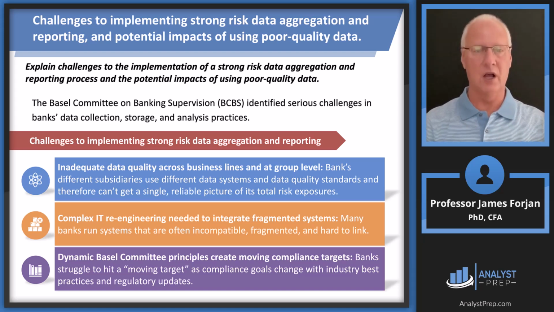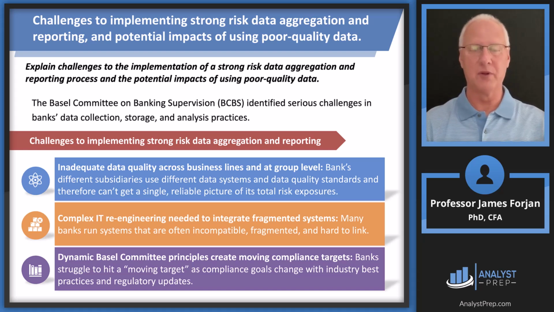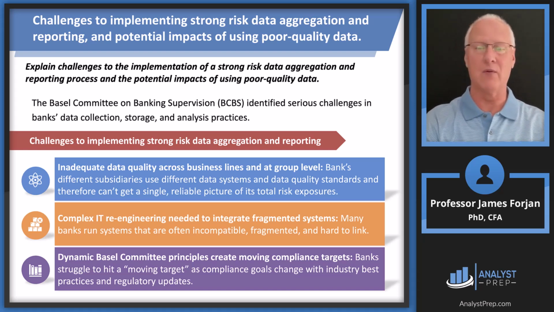So for each one of these colors, think of this as a potential answer: inadequate data quality, complex re-engineering, the principles of the moving targets. I really like that one down in the purple because we know that the economy is dynamic and life in general is dynamic. So there's all kinds of changes going on.